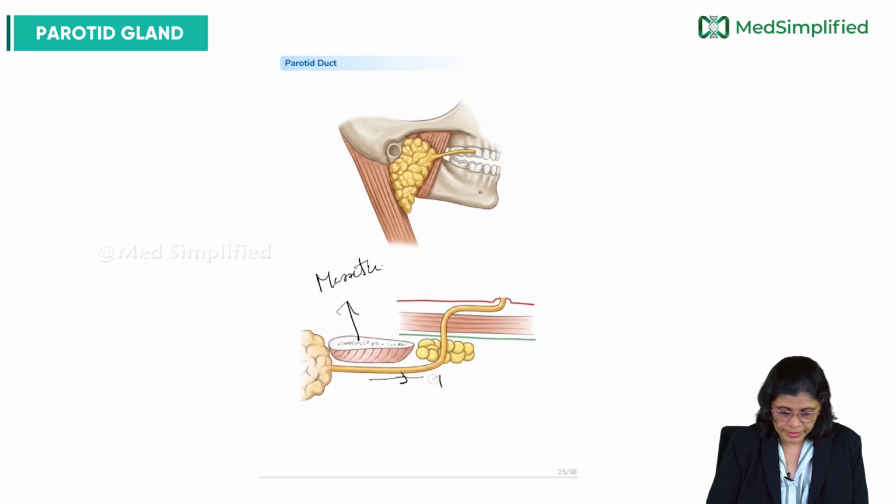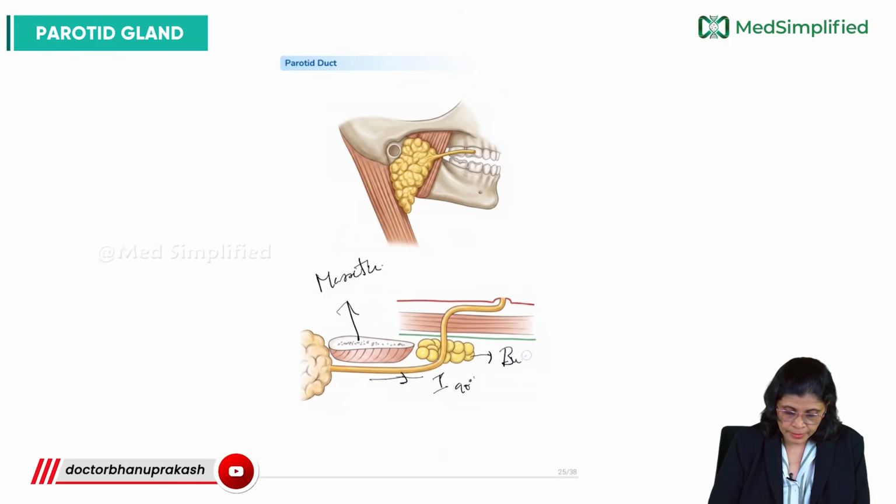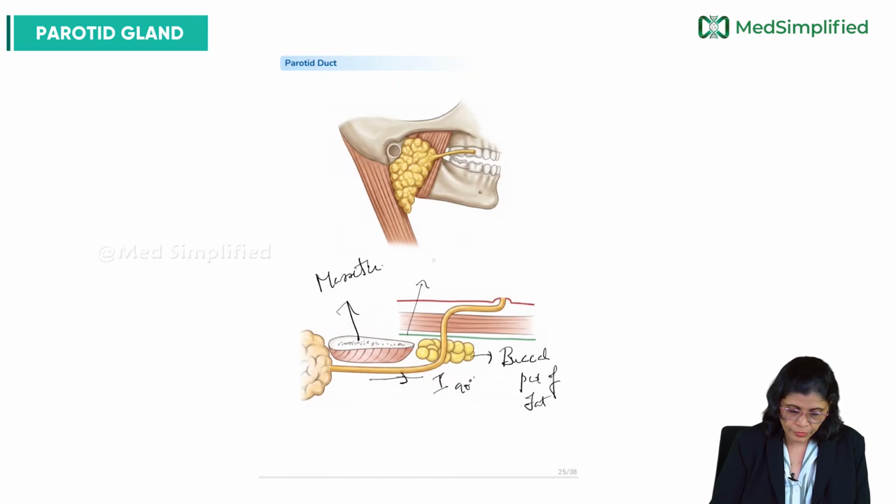So the first bend is here, where it turns 90 degrees. It pierces the buccal pad of fat, then pierces the buccopharyngeal fascia, and then the buccinator muscle.